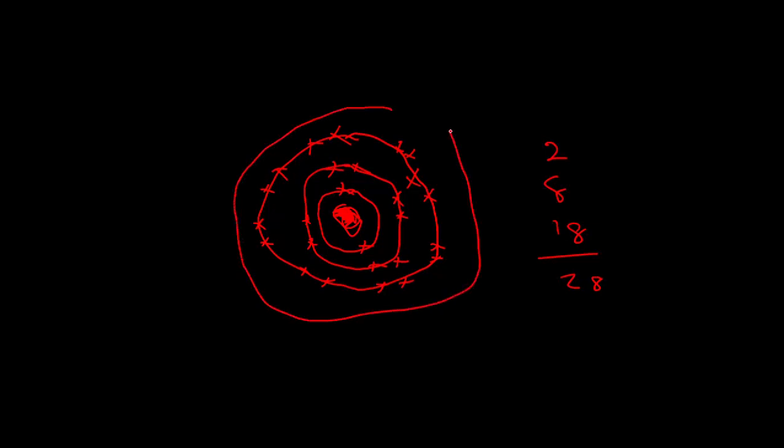So you write the 18. So first kana da 2, 8, 18. How many? You have 28. You still have 2 electrons remaining. Then you go to the fourth energy level. Then you write the 2 electrons. So this is electronic configuration of zinc.